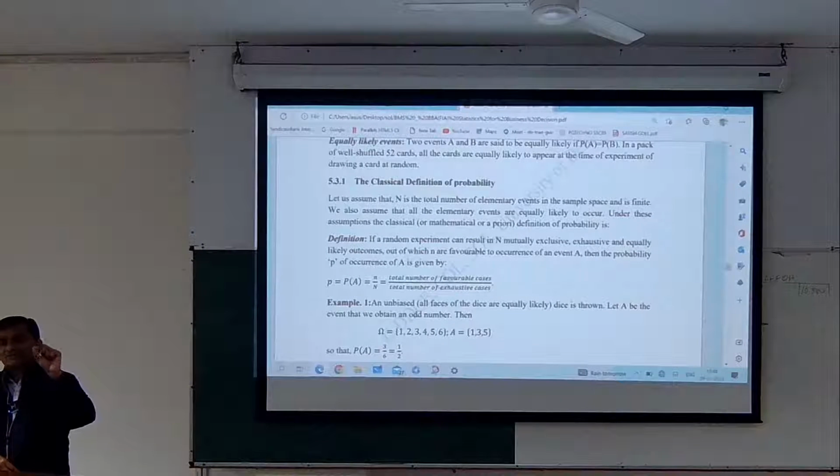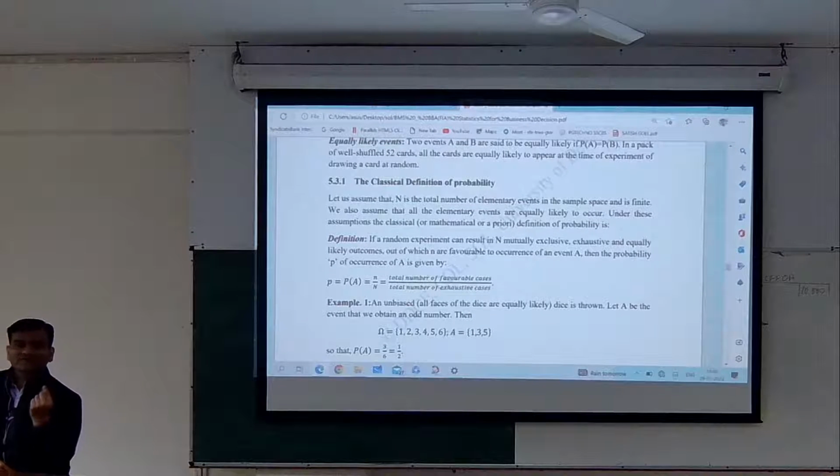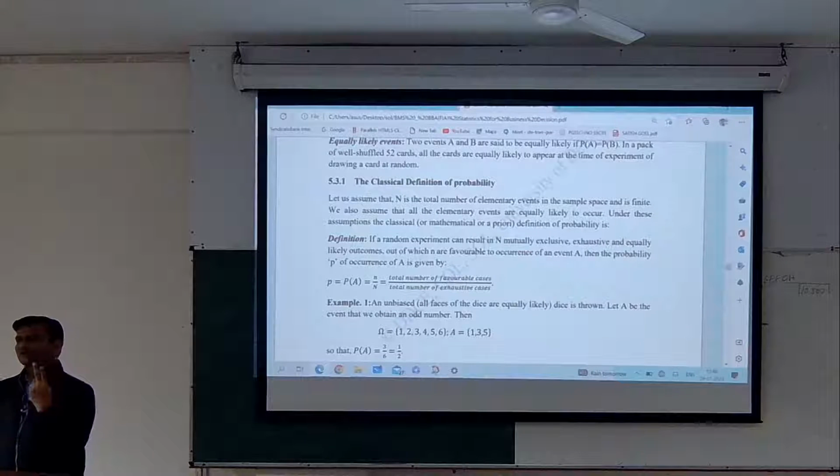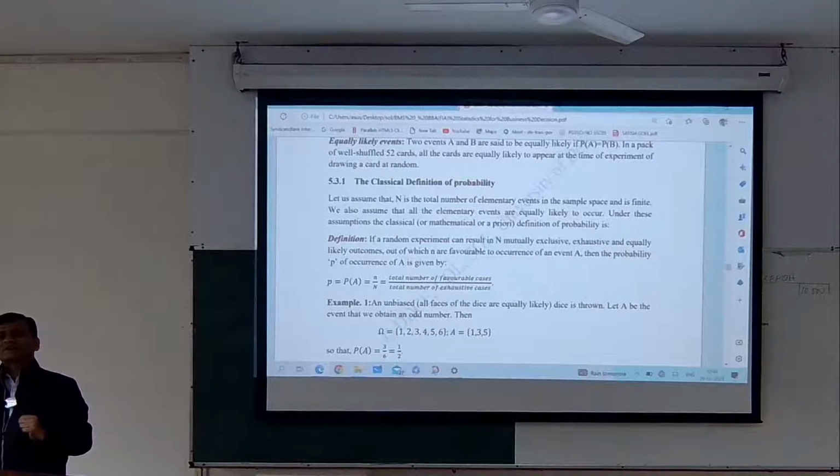Suppose I draw a card from a pack of 52 cards, and I say this card should be red. In a pack of 52 cards, there are 26 red cards, two red suits and two black suits. And the total number of cards is 52.